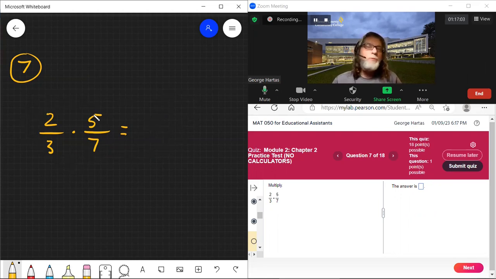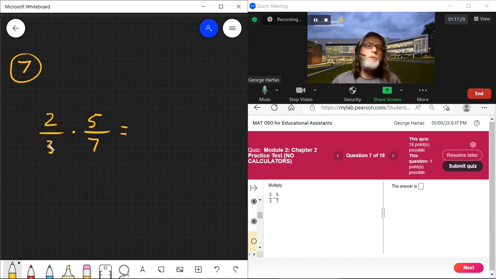The way we reduce up front is we look up and down to see, is there a number that divides into both 2 and 3 to make it smaller? 1 divides into both, but it doesn't make it smaller. So 1 doesn't help, and that does not reduce. Then you look at the next fraction up and down. Does that reduce? No. However, you also look diagonally.